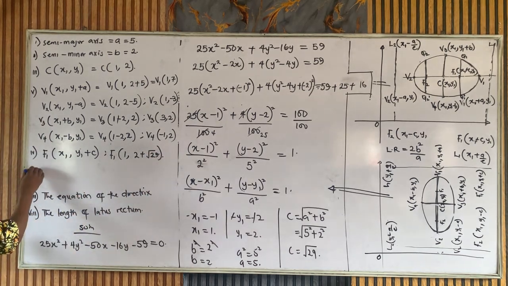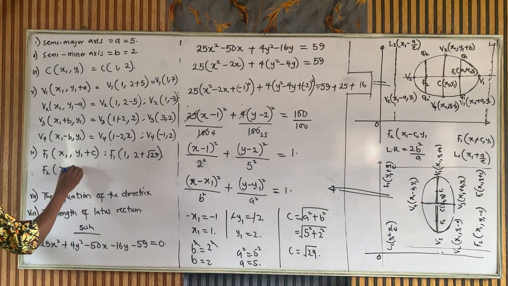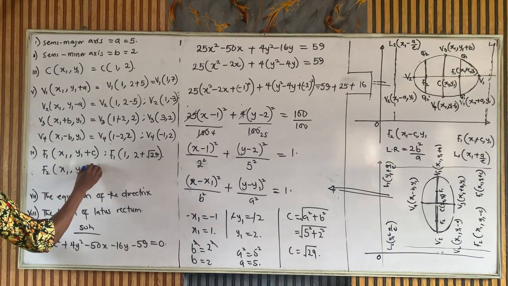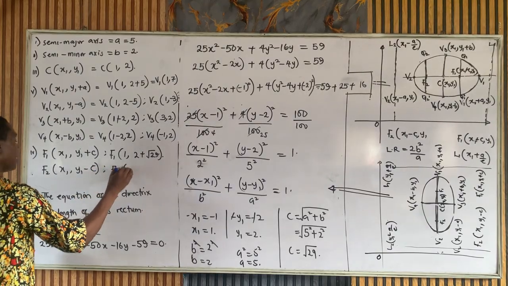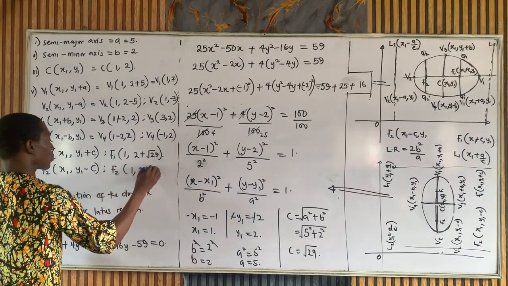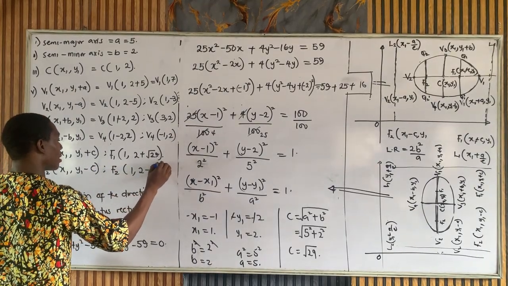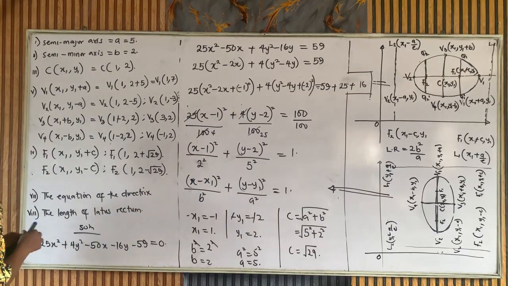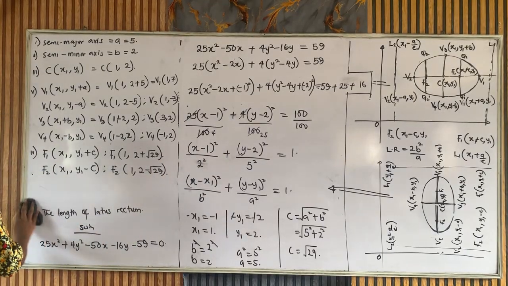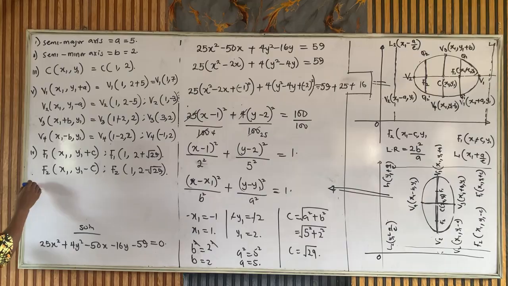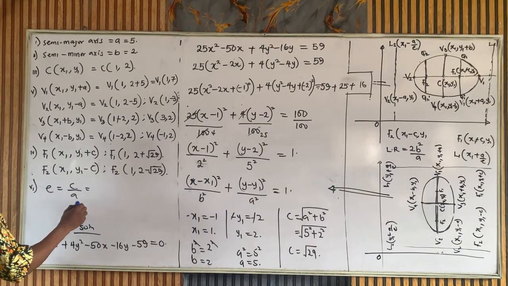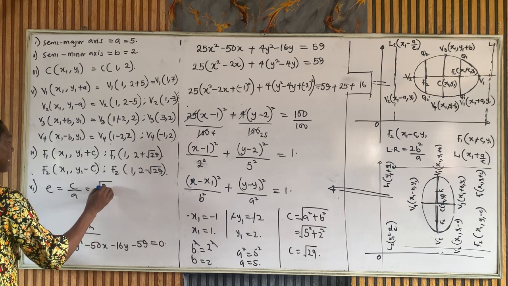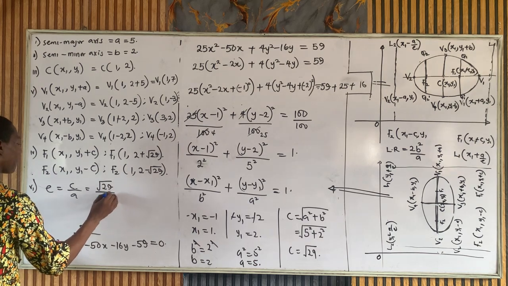Let's get the f2: x1, y1 minus c. And that will be f2 being 1, 2 minus root 29. Now, we have to get our eccentricity. Our eccentricity is c over a, and our c is giving us root 29 over a, that is 5.